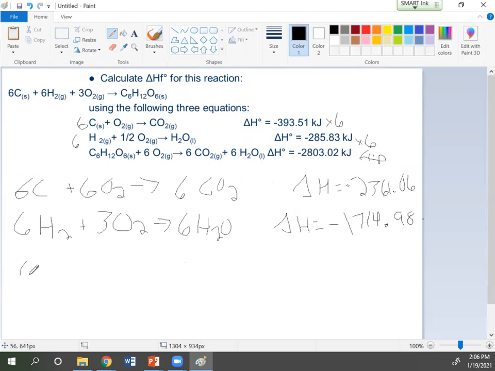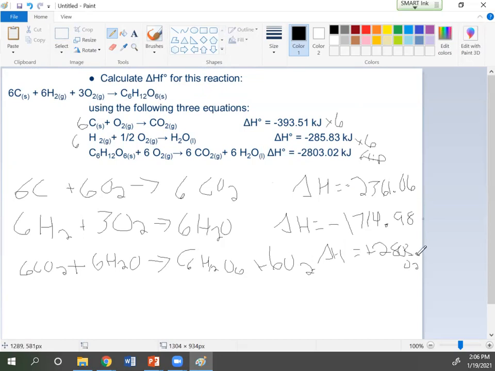So I'm going to have 6CO2 plus 6H2O yields C6H12O6 plus 6O2. And so delta H now is positive 2,803.02. That's a pitiful job of writing.